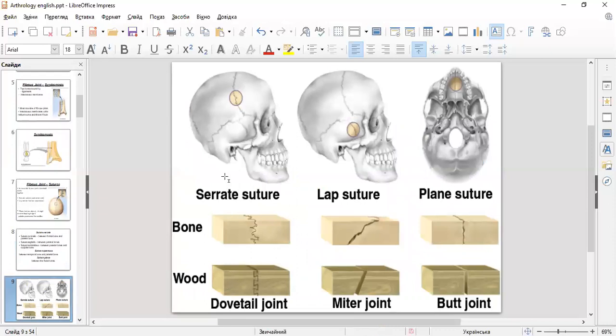In the picture, you can see a lot of types of the sutures. Serrate, lap, and plain suture.